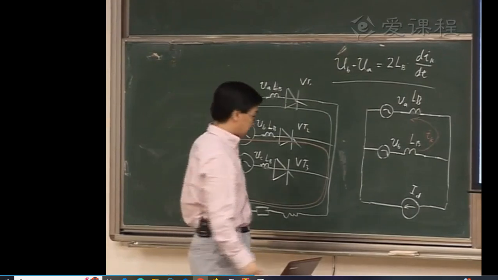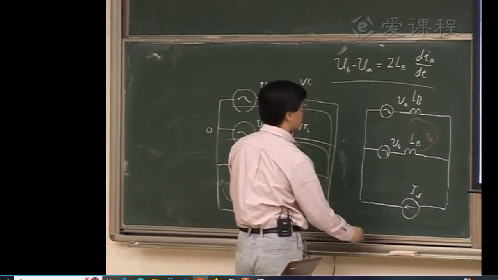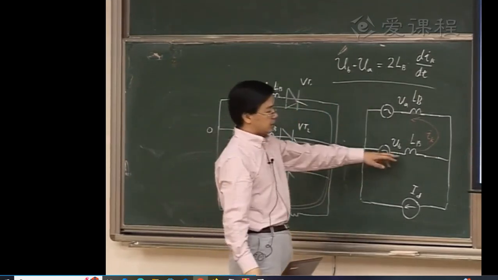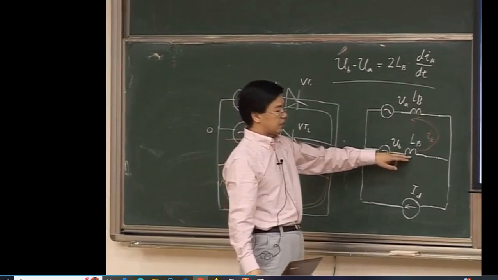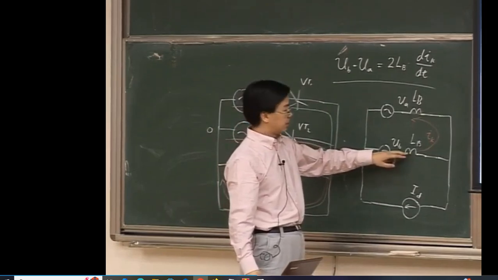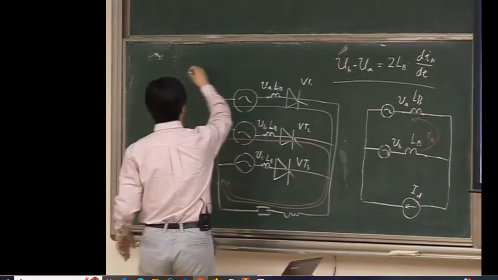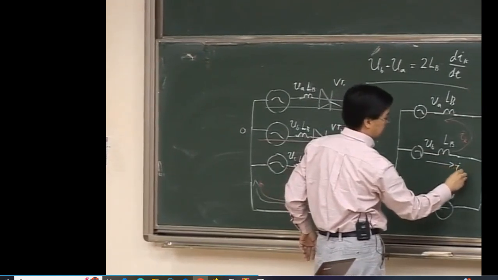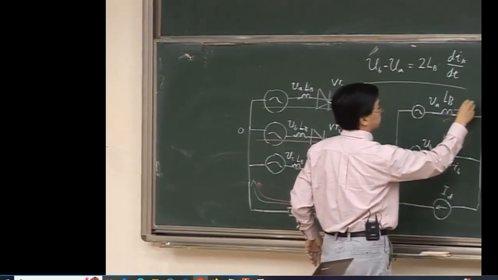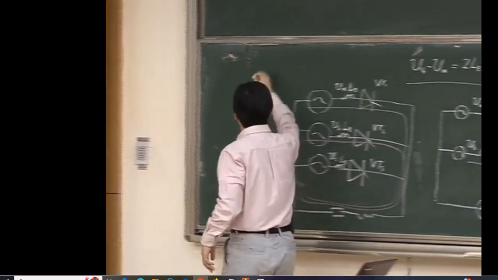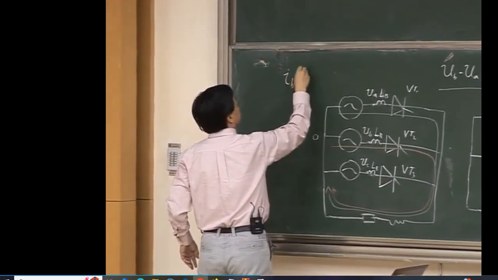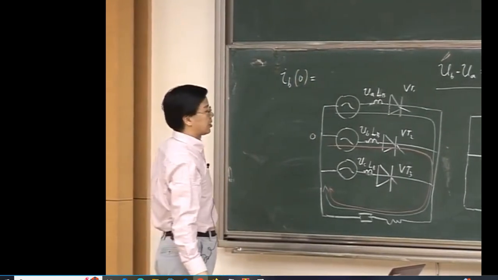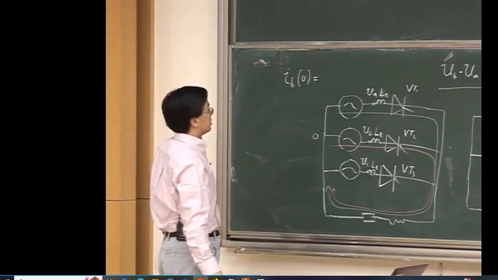Okay, and then I have the initial conditions for this equation. For the leakage inductor LB in phase B, the actual current flowing through LB, let's say I'm using IB, and this one is IA. The initial condition IB at 0, when we start to look at this process, is 0.